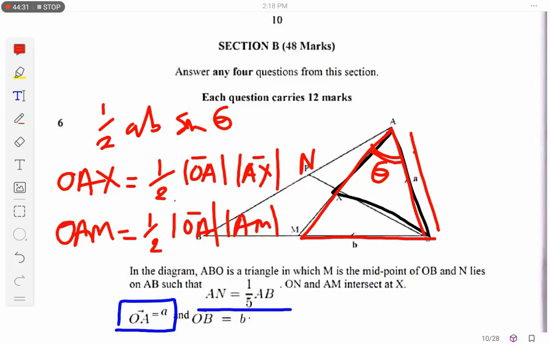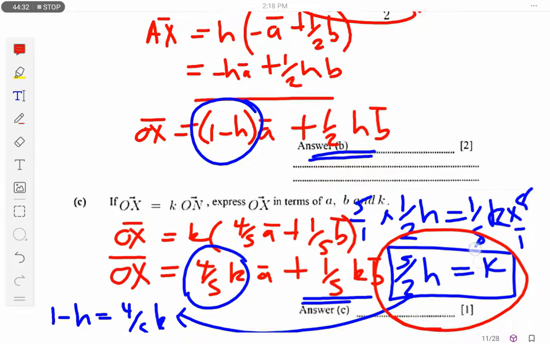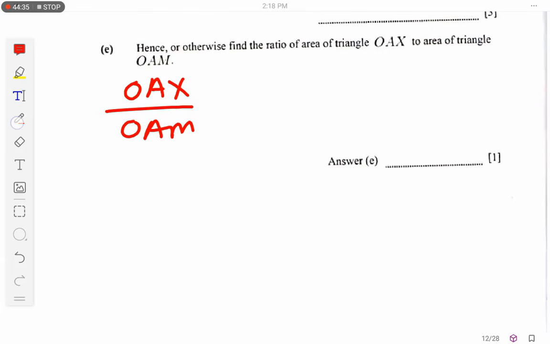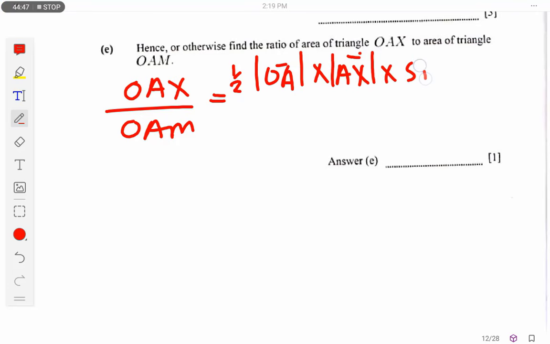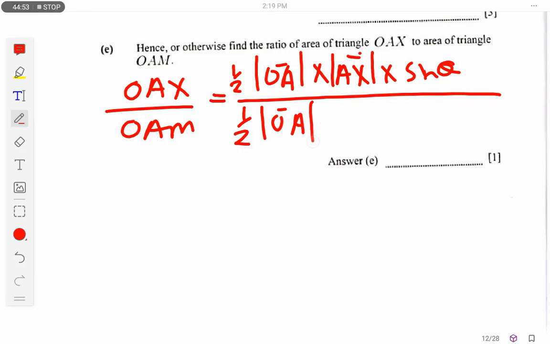So let's go and simplify this on our page there. This is equal to half magnitude of OA, times magnitude of AX, times sine theta, over half magnitude of OA, times magnitude of AM, times sine theta.